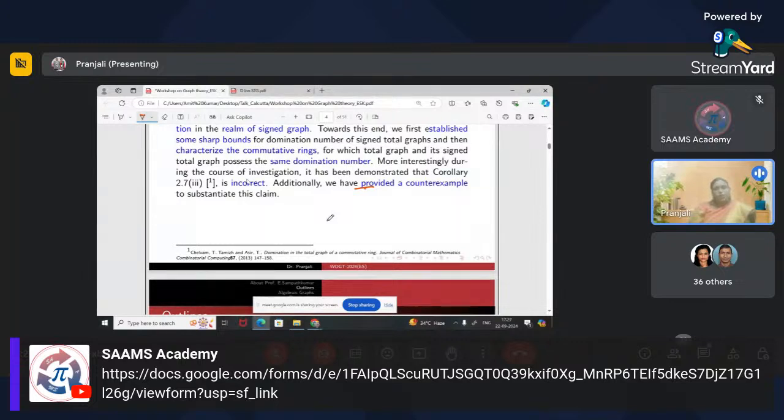While we were working on the sine total graph and compared it with the total graph, we found that one of the results is not correct. We have also given a counterexample to substantiate our claim.